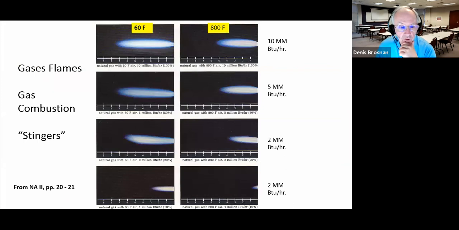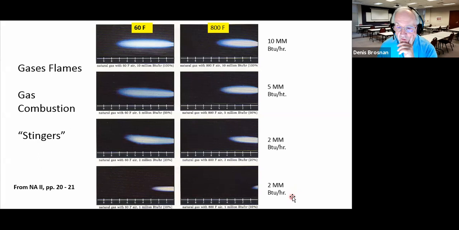Now, some good pictures taken from the North American Combustion Handbook are pictures of gas flames coming out of a burner, and they're comparing different fuel consumption rates up here at 10 million BTUs per hour, fuel for heat production, down to, well, that's supposed to read 1 million BTUs per hour.